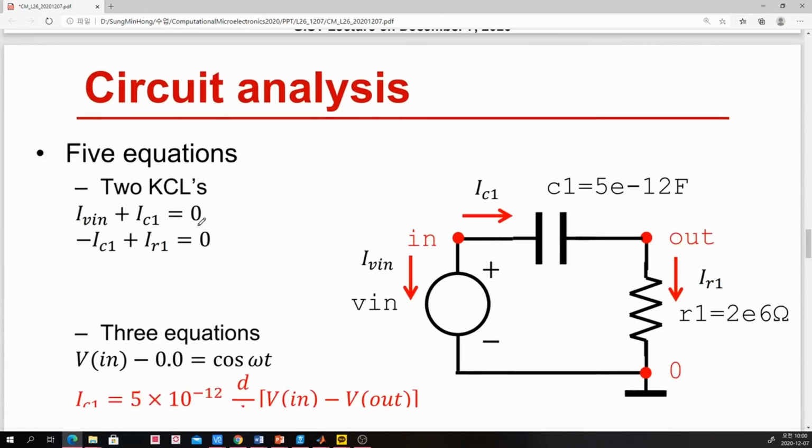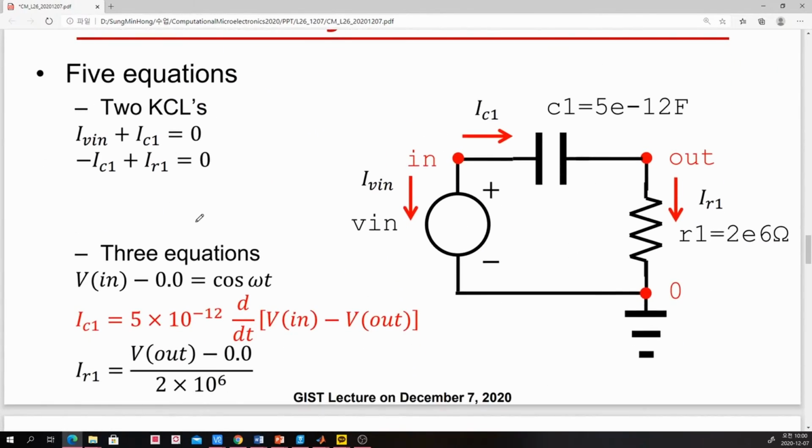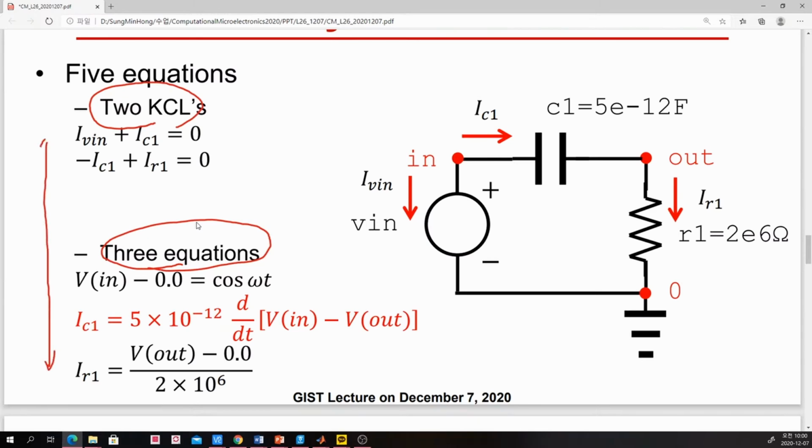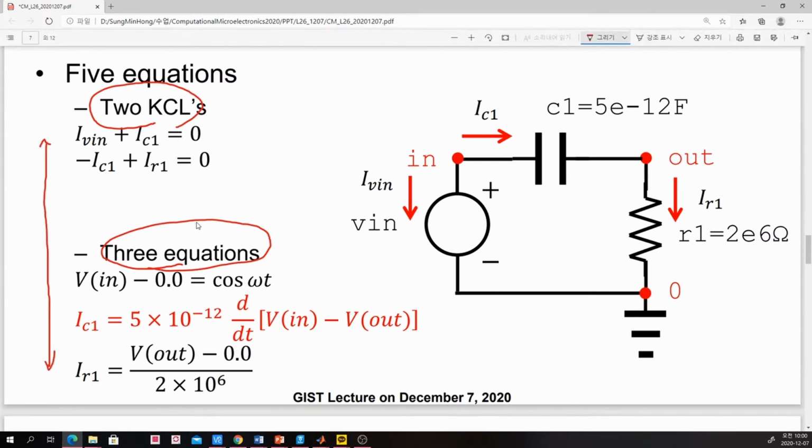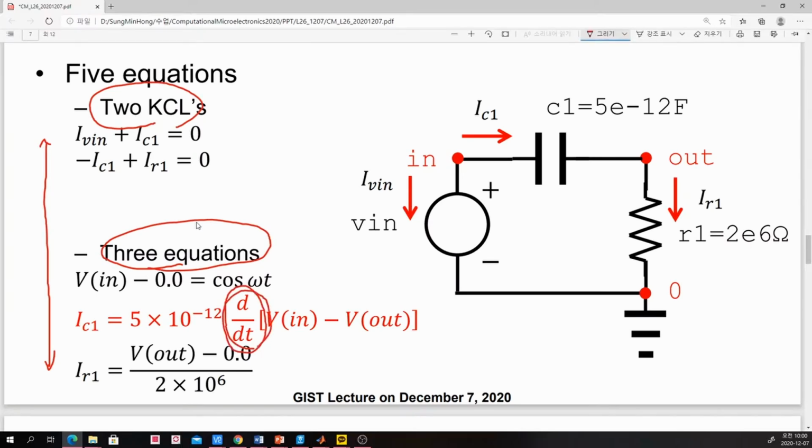Now, if we apply our 2 KCL equations and 3 equations for 3 circuit elements, we will get this information. That is not that difficult, but here we have a time dependent term.